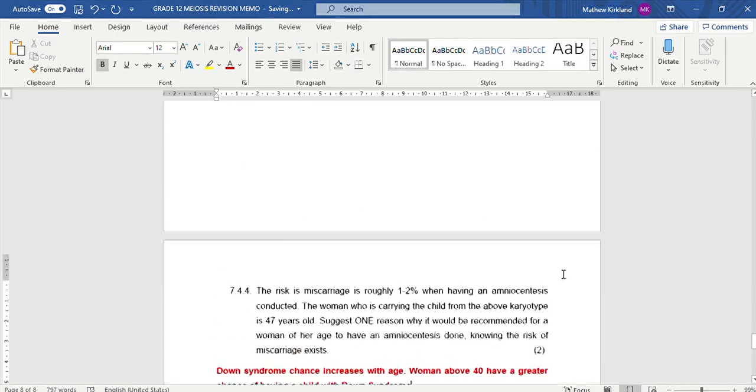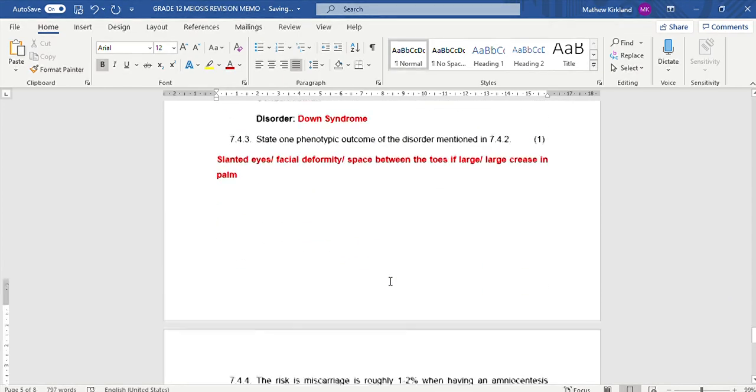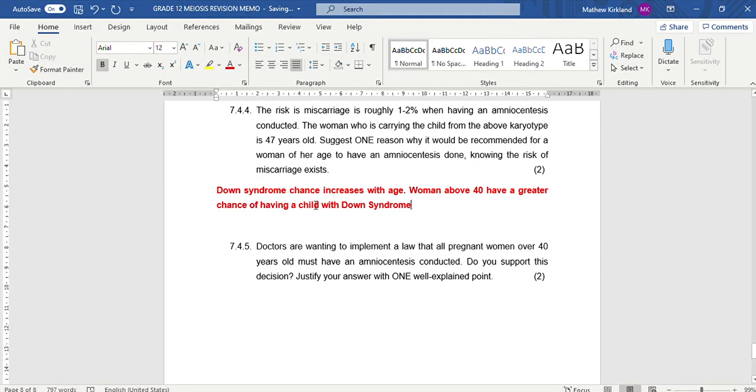Although in this particular example, this was the sperm that was creating this, a lot of the time most of this happens with the egg itself. So again, the reason why you would want to have it for someone of this age is that there is a high chance that she is going to have someone with Down syndrome. Therefore, it's good to have the amniocentesis.